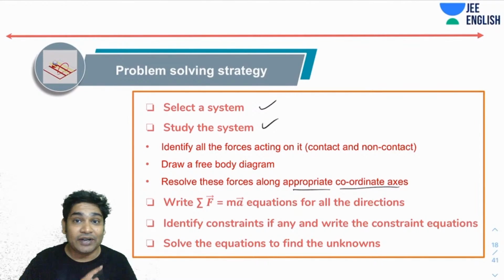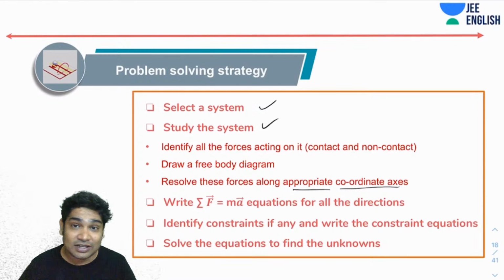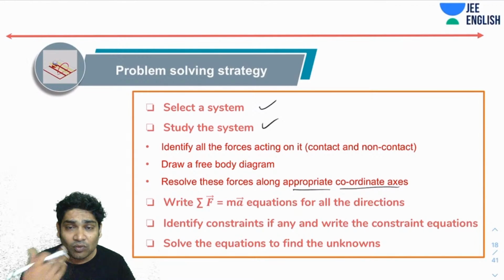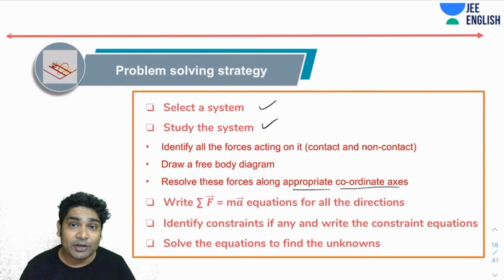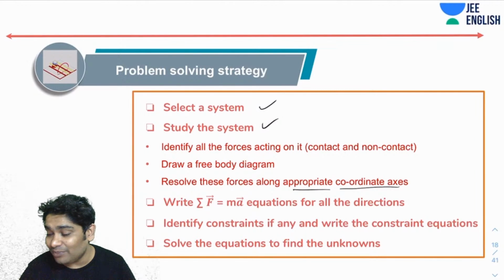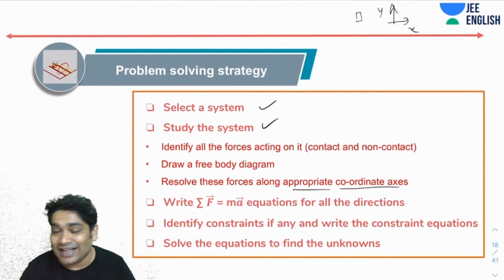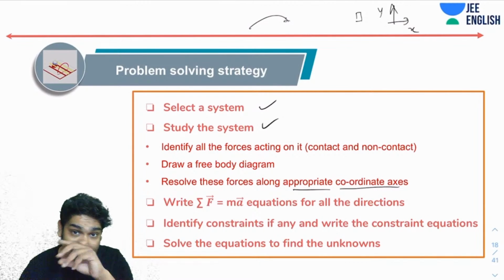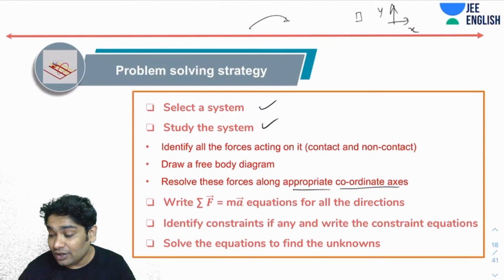Please remember, you are free to choose any coordinate system, any set of coordinate axes, depending on what will benefit you the most. If I'm studying motion under gravity, vertical motion, or projectile, I generally choose X and Y, but that does not mean I have to compulsorily choose this.